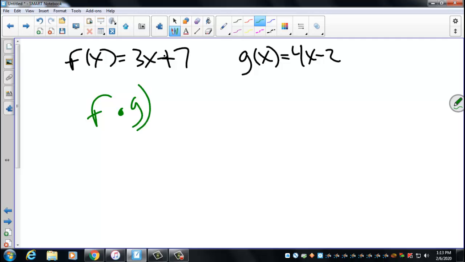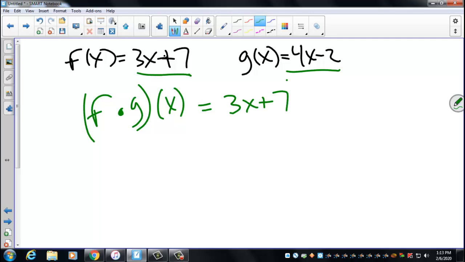F times G of X. What does that mean? That means you got to deal with the expressions. You're not dealing with a number. You're dealing with the expressions. So you got to multiply this expression times this expression. 3x plus 7 times 4x minus 2.